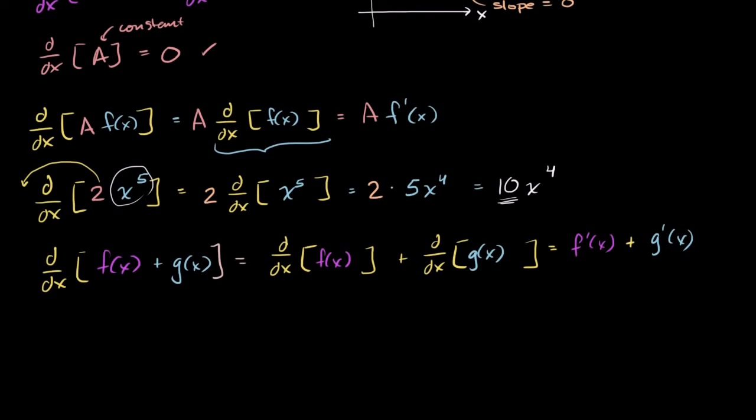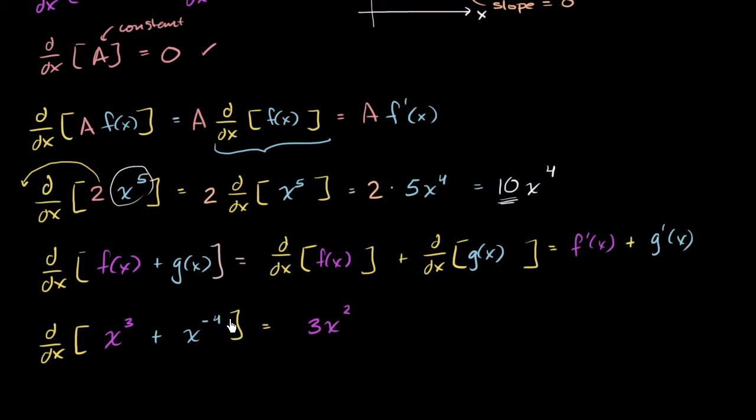Now, once again, this might look like kind of fancy notation to you, but when you see an example, it'll make it pretty clear. If I want to take the derivative with respect to x of, let's say, x to the 3rd power plus x to the negative 4 power, this just tells us that the derivative of the sum is just the sum of the derivatives. So we can take the derivative of this term using the power rule. So it's going to be 3x squared.